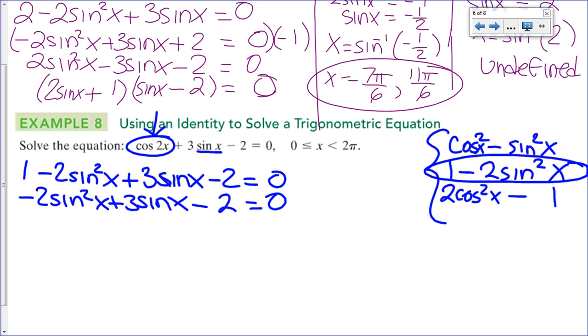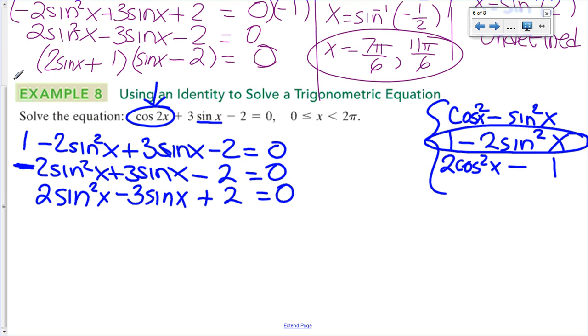From there, multiply by negative 1 again, like we did previously, just to take care of this negative sign, because it bothers me when I factor. Oh, and that should be a negative, right? The next term should be negative 3 sine x, and then a plus 2. Okay, now we're going to factor it quickly.